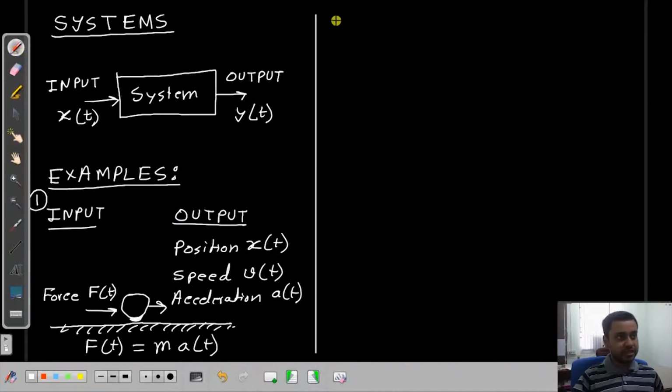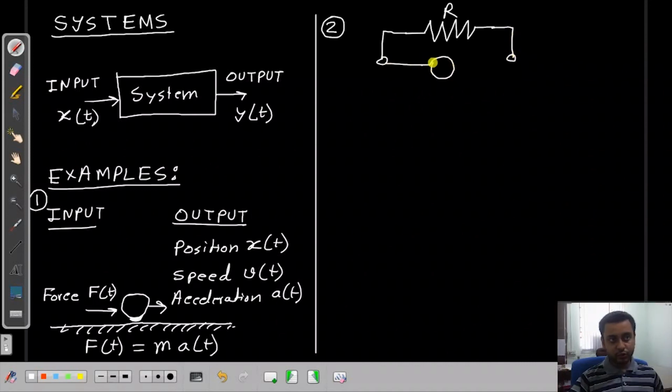Now let us consider another example, which is a piece of resistance with value R. You can apply a voltage across this resistance. Let me call this voltage the input and denote it as v of t.